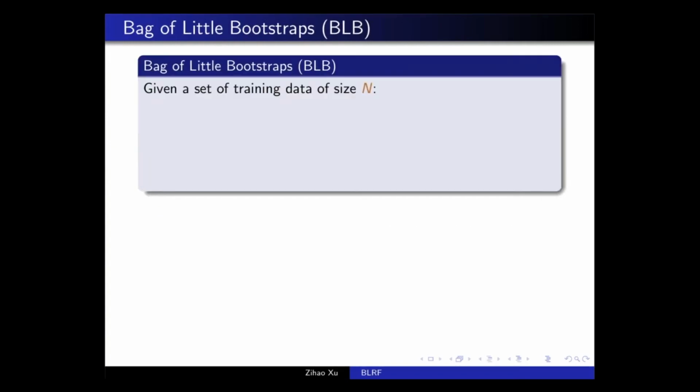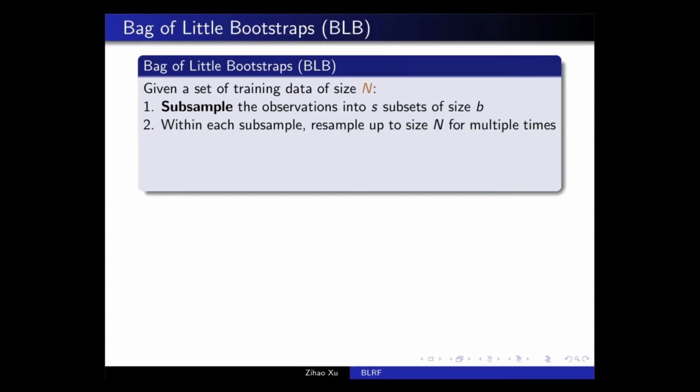And now we're ready to talk about BLB. BLB starts with a training data set of size n, and it begins by subsampling the observations into S subsets of size B. Then within each subsample, we resample up to size n multiple times. This step is a little bit confusing, but I'll illustrate it using a plot right below.